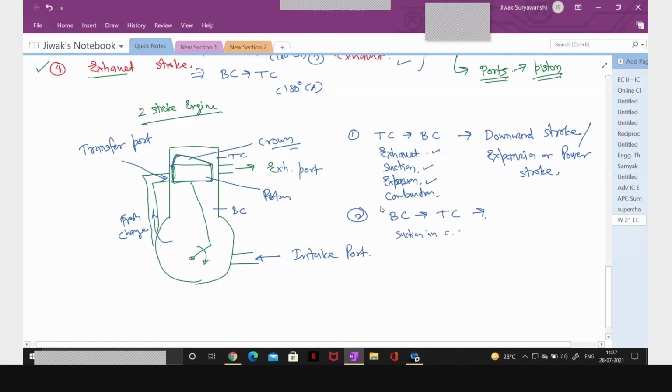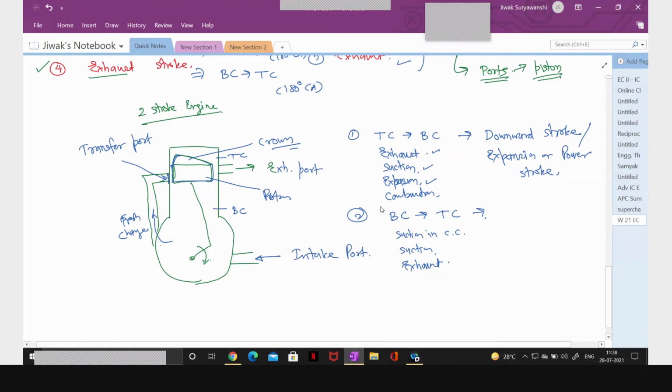At the same time, suction is also going on through the transfer port into the cylinder. Whatever burned gases are there from the downward stroke are expelled because of the upward movement of the piston, so exhaust is also going on. Then the piston covers the transfer port, so no more flow of fresh charge into the cylinder.